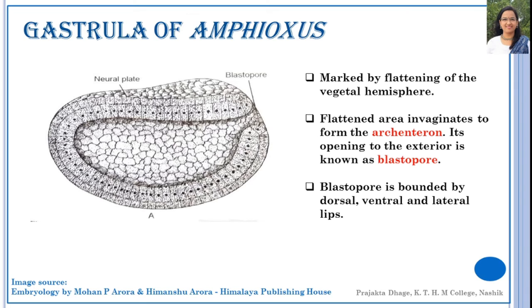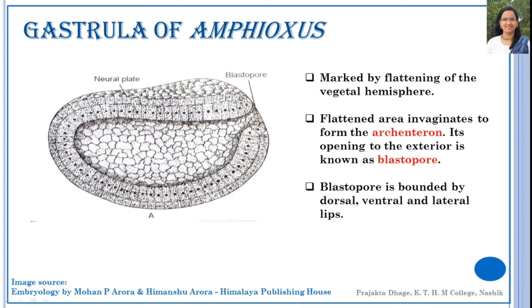In the Amphioxus egg, the segmentation results in the formation of a centrally placed blastocoel. We have already seen this. The beginning of gastrulation is indicated by flattening of the vegetal hemisphere. The flat area then invaginates and forms the archenteron, having its opening to the exterior in the form of the blastopore.